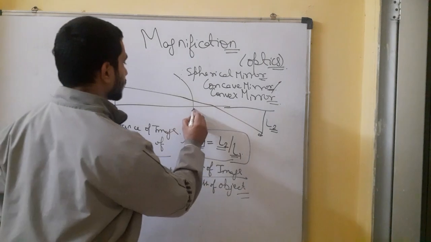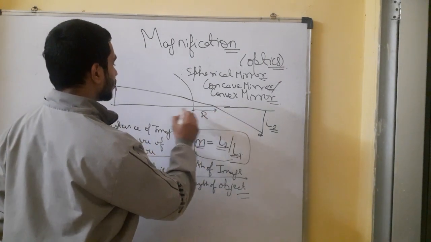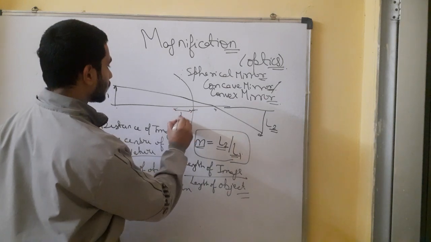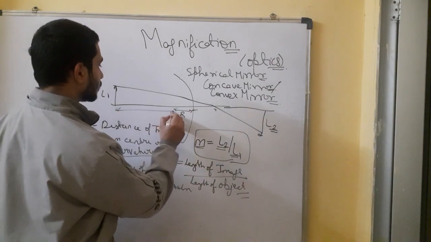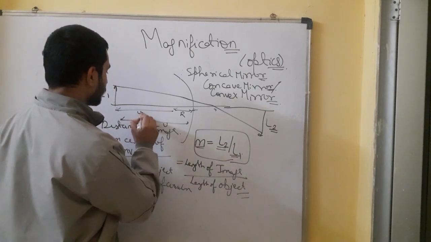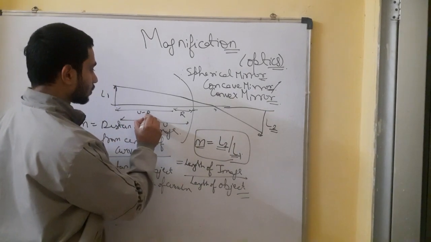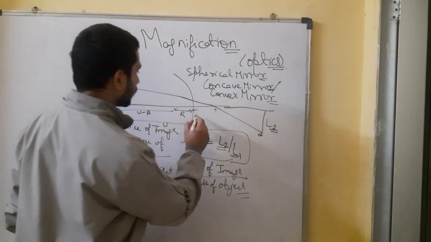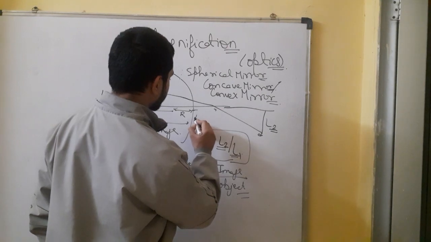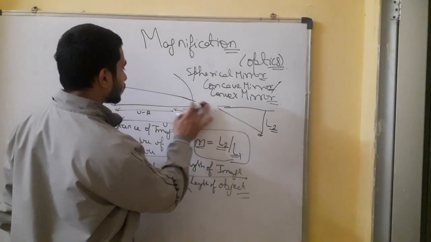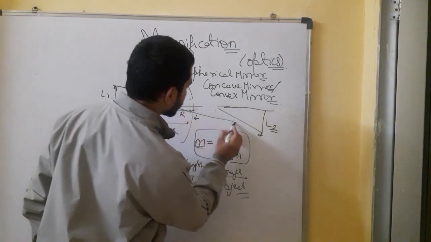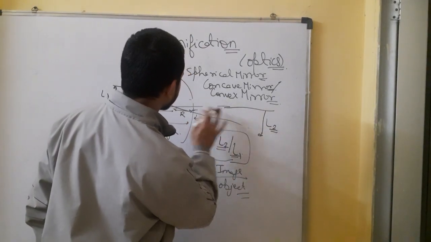Suppose that this distance is r, which is the radius, and this whole distance is u, so this will be u minus r. Or this distance is v, so the image will be like this, because the center of curvature is here.